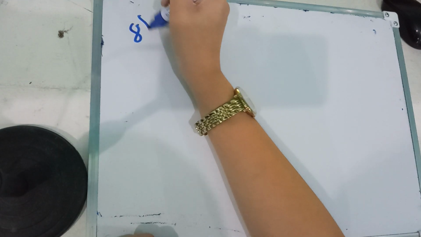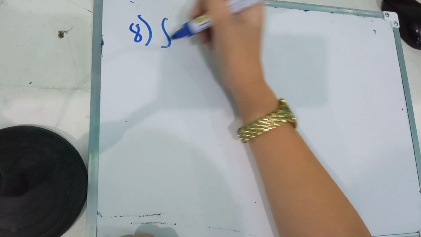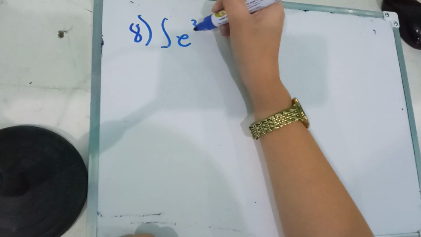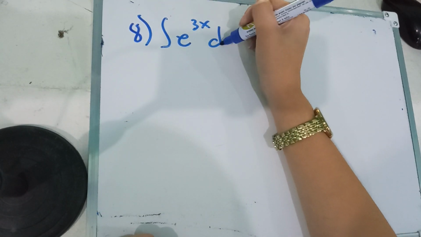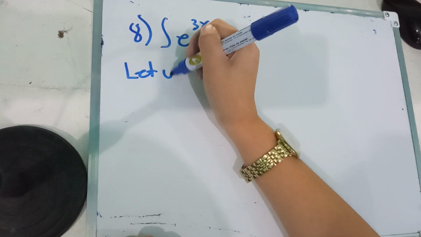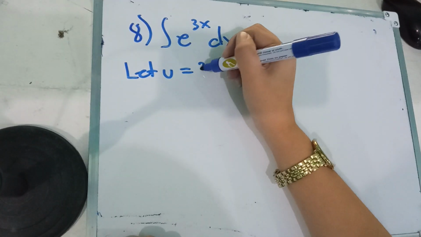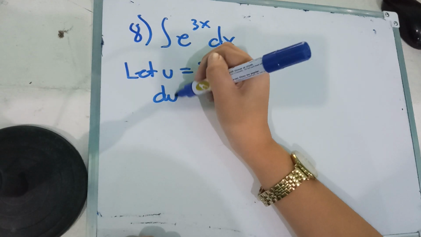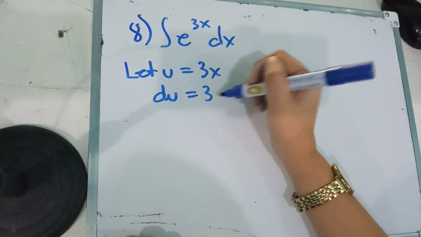Let's have example number 8. We have the integral of e to the power of 3x dx. Again, using U substitution, let u be equal to 3x. Now du, that is 3 dx, right?